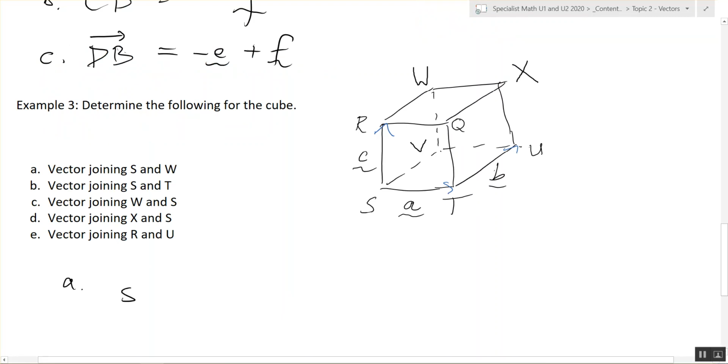So, a vector joining s to w. You need to go up, which is c, and then across, which is b. Or you can also write b plus c.